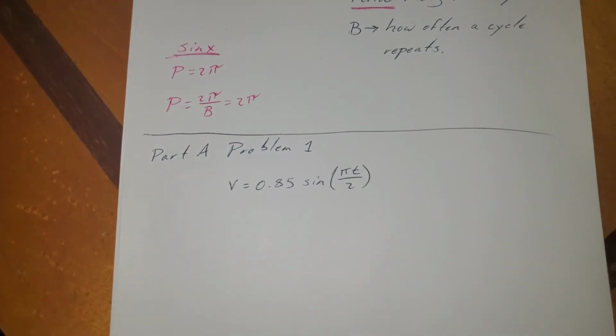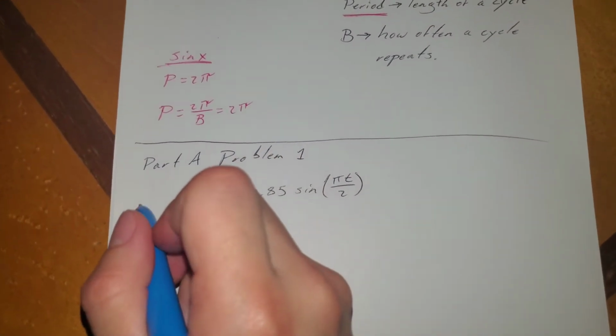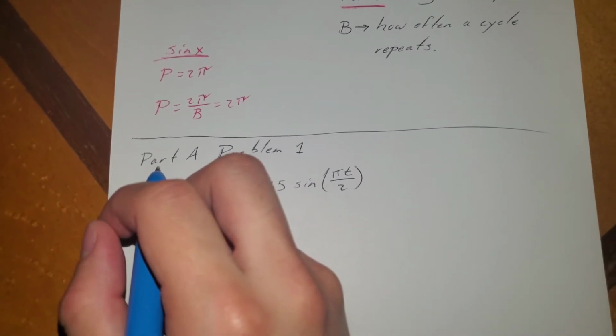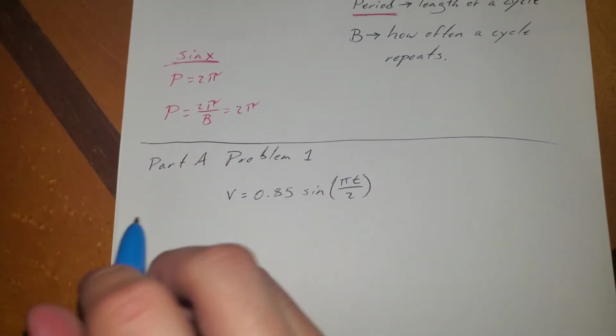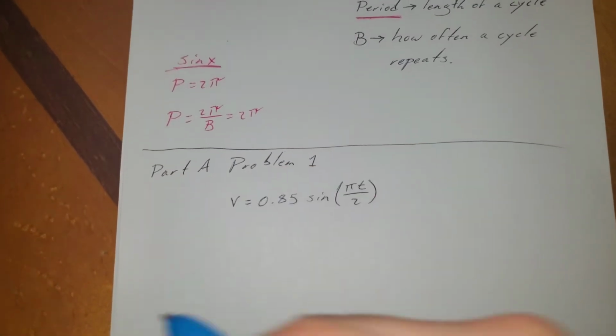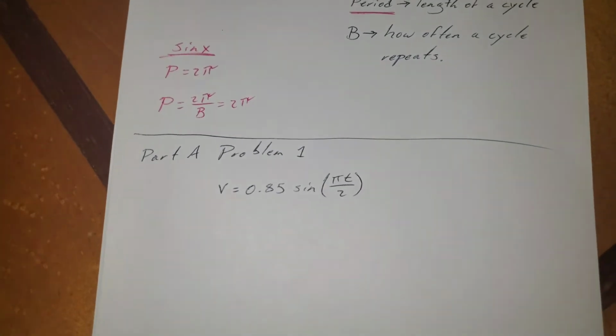Okay, and the problem was asking us to find the time for one full respiratory cycle. One full respiratory cycle, that's the period. It's pretty much asking us to find the period of this.